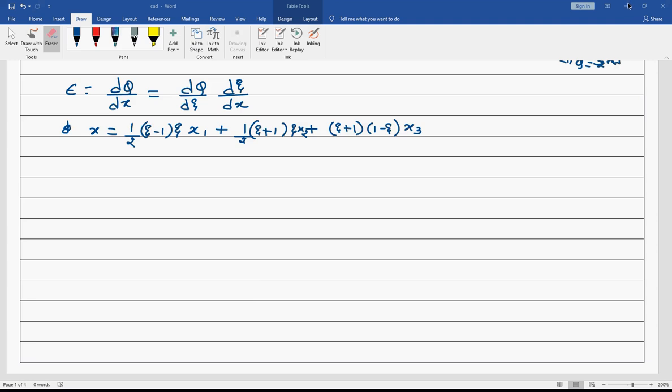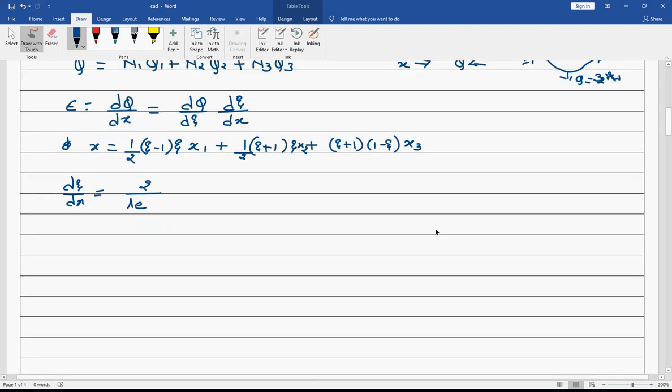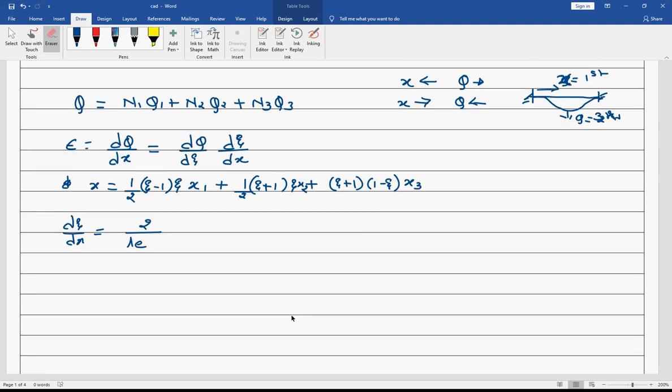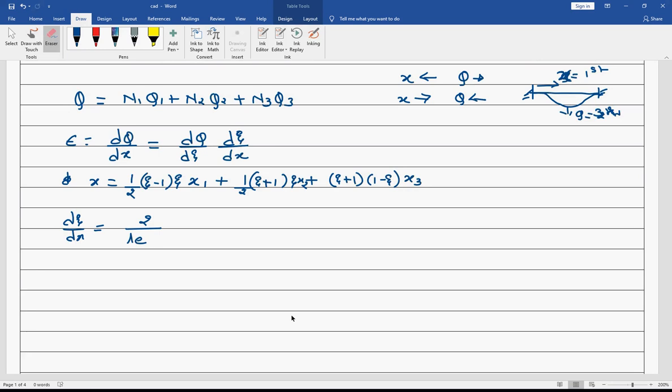Earlier we derived that d psi by dx is 2 by L for the linear formulation, so this is what I already have.